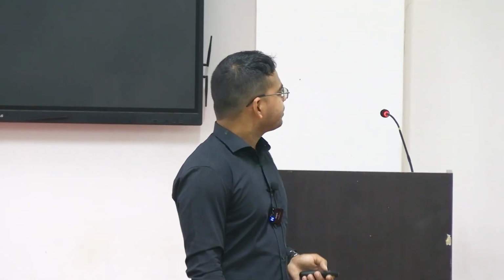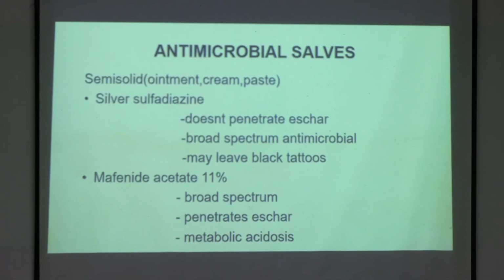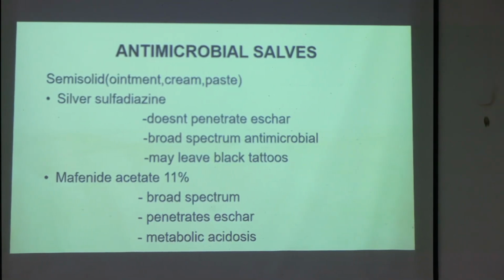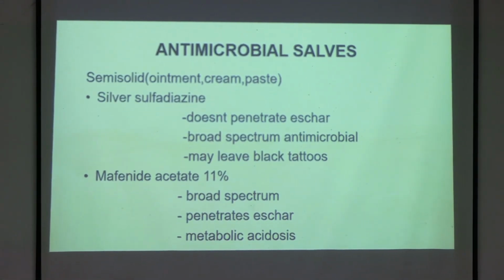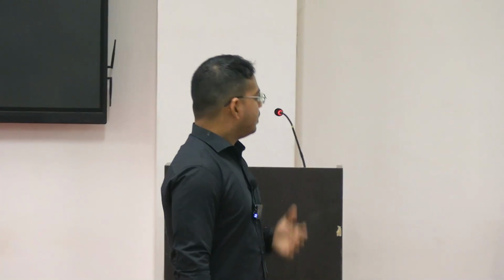So dressing is very important in burns. First of all, for dressing you need some agents. It can be either a semi-solid agent or a liquid agent. A semi-solid agent, for example any ointment, cream or paste, we call a salve, S-A-L-V-E.